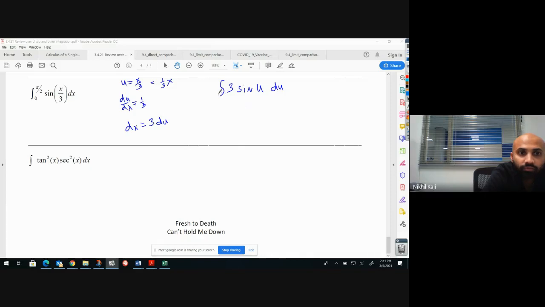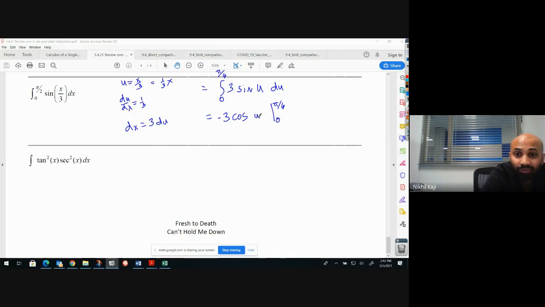Here, you could either convert these to u's. So if I wanted to do that, that would just be 0 divided by 3. In this case, this would be pi over 2 divided by 3, or just 1/3 times pi over 2, which would end up being pi over 6. Take the antiderivative of that. 3 times negative cosine u plus c, but I don't need my plus c because I have bounds.